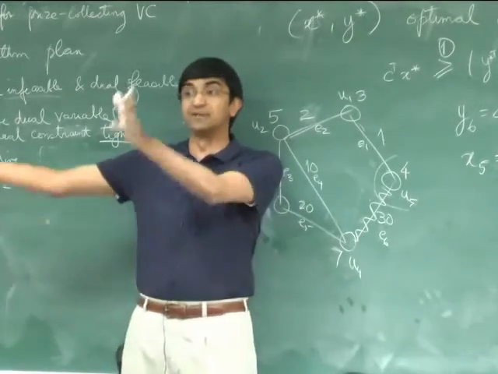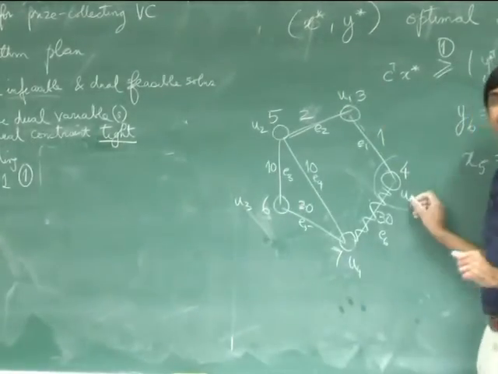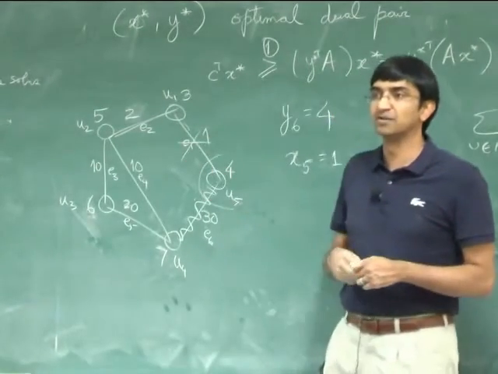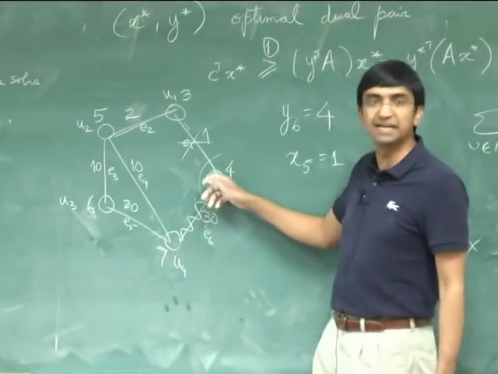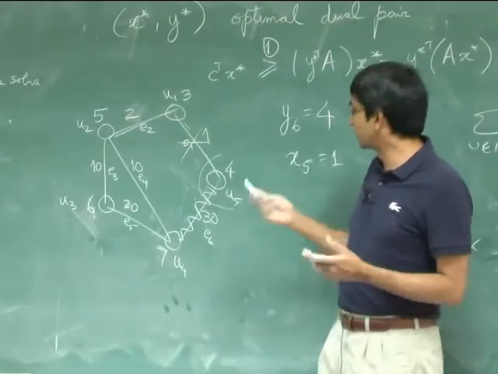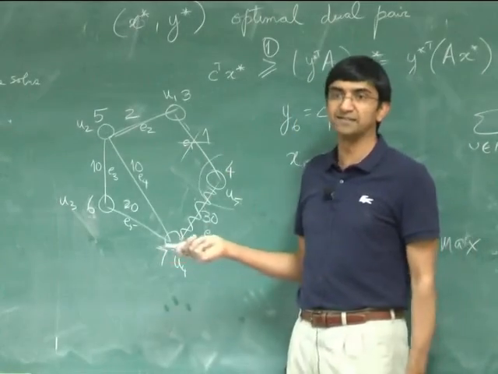Whoever complains, you make them 1. Let's say the guy who complained is U5. Because you made it 1, you just forget about all these guys right now, because you're finished covering them already. By putting a guard there, you don't need to worry about E1 anymore. So in this algorithm, E6 is gone, E1 is gone. Now tell me who you want to raise. Let's say we raise E2.